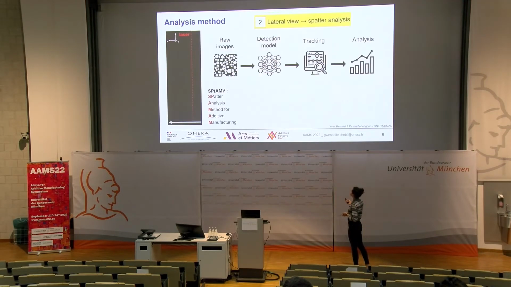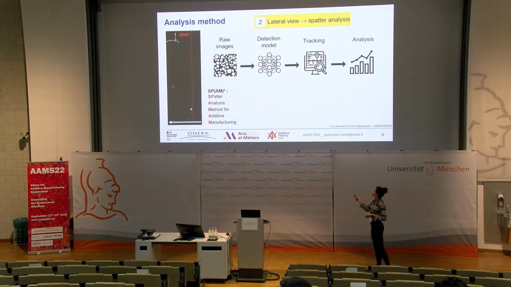Then the second type of analysis is with the spatter videos, as you can see here. In this PhD, we're developing a whole system using machine learning to detect the spatter. So for each image in each movie we can have the number of spatters, and we don't just detect the spatter, we also try to follow them.